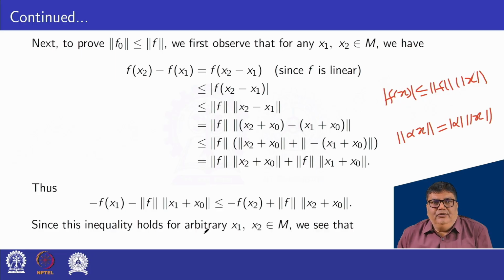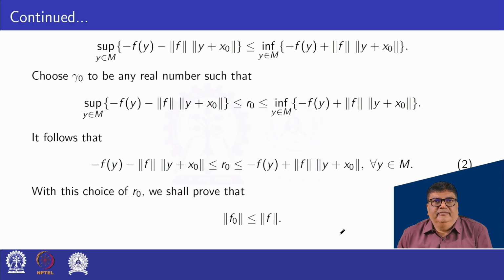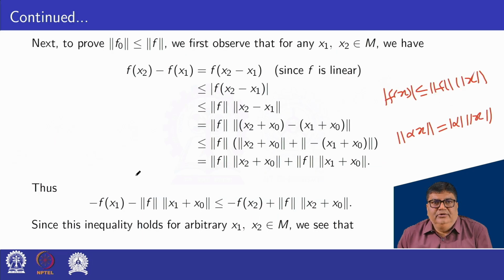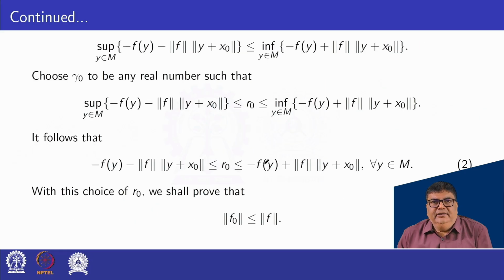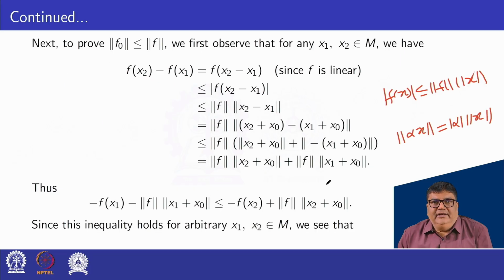Since this inequality holds for arbitrary x1 and x2 belonging to M, we see that supremum over y belonging to M of minus f(y) minus norm f into norm (y plus x0), and the right side can be written as infimum over y belonging to M of minus f(y) plus norm f into norm (y plus x0).